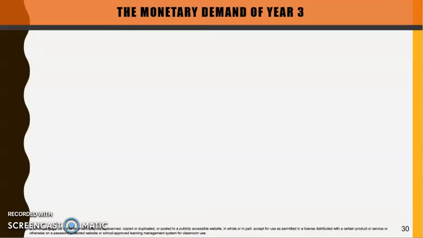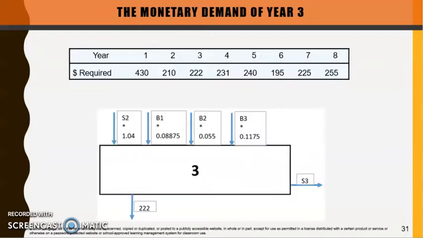Okay, it is the diagram for year 3. Now we are here. We want to make sure we cover our obligation regarding year 3. We need to pay the early retired personnel 222, and the rest, as we can see, is to a high degree the same: the amount of interest from B1, B2, and B3, and also the income we have from the saving investment.